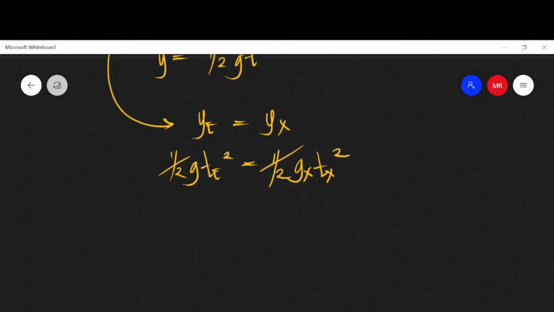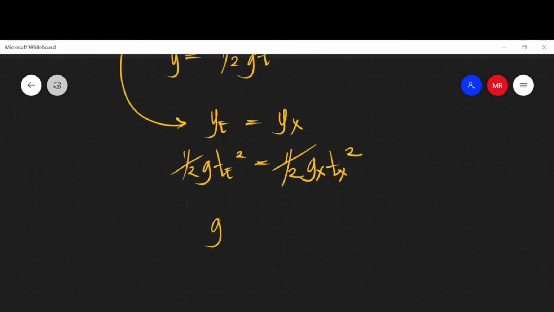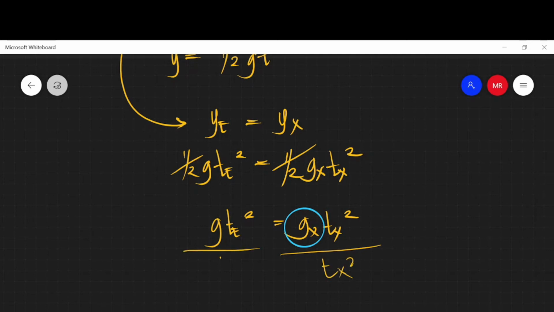We'll have g times time on Earth squared is equal to g_X t_X squared. Now we are asked to get for g_X, divided by t_X squared.